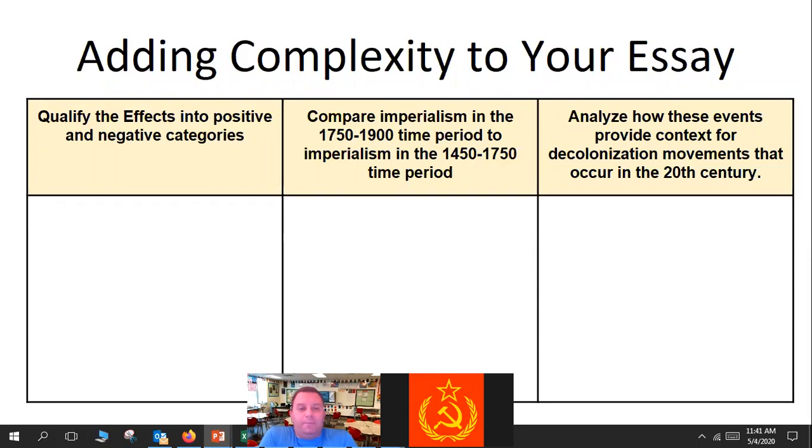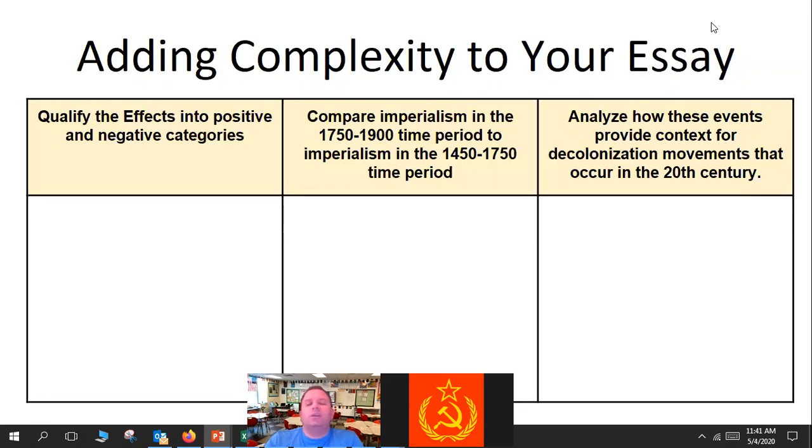Maybe you would compare imperialism during this time period of 1750 to 1900 to the previous imperialistic period of 1450 to 1750. Remember that in order to get a complexity point for comparison, you need to contrast as well. Compare implies contrast. So here you would be looking for similarities and for differences, for continuities and for changes.